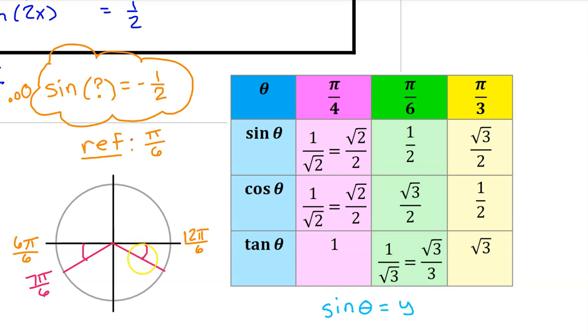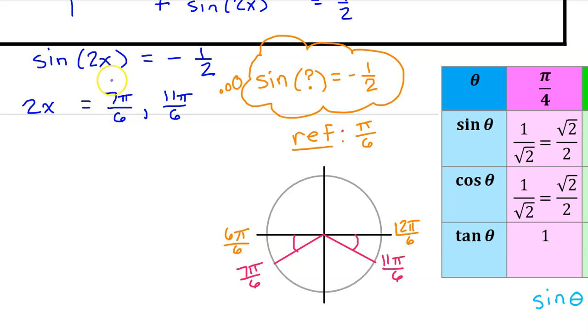This angle is also pi over 6, so we have 12 pi over 6 minus 1 pi over 6, which is 11 pi over 6. These are the 2 solutions. Remember, we were solving for 2x, so far we've got 2x is equal to 7 pi over 6 or 11 pi over 6.